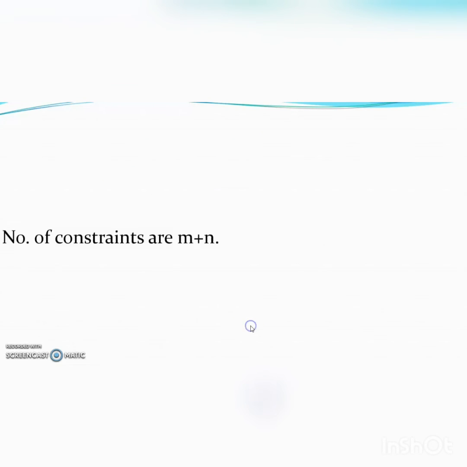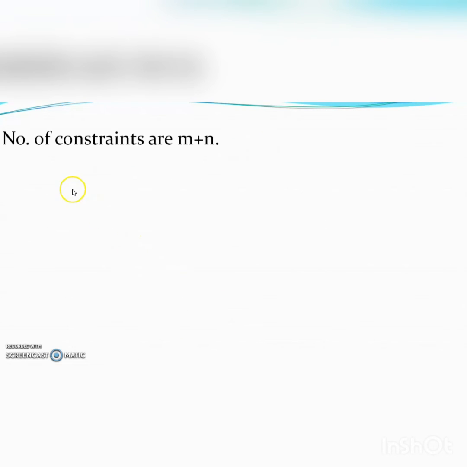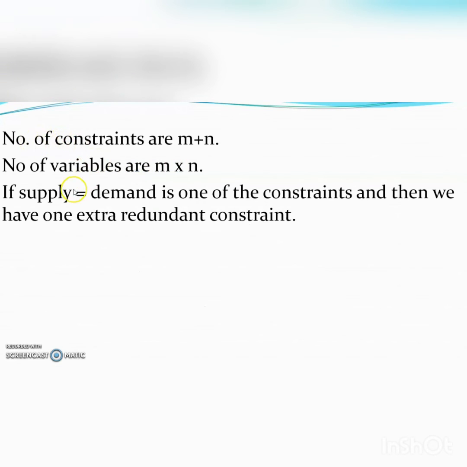Thus, we get the number of constraints m plus n, and the number of variables m times n, that is the decision variables xij. Now, if total supply equals total demand, then one constraint is redundant.